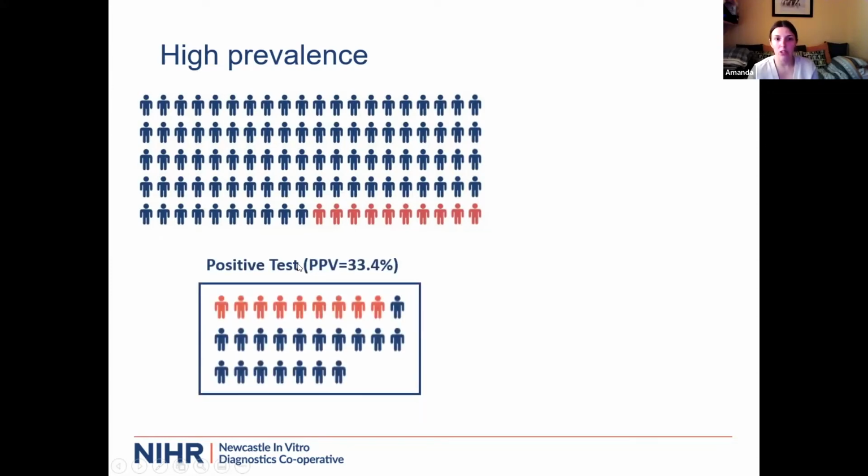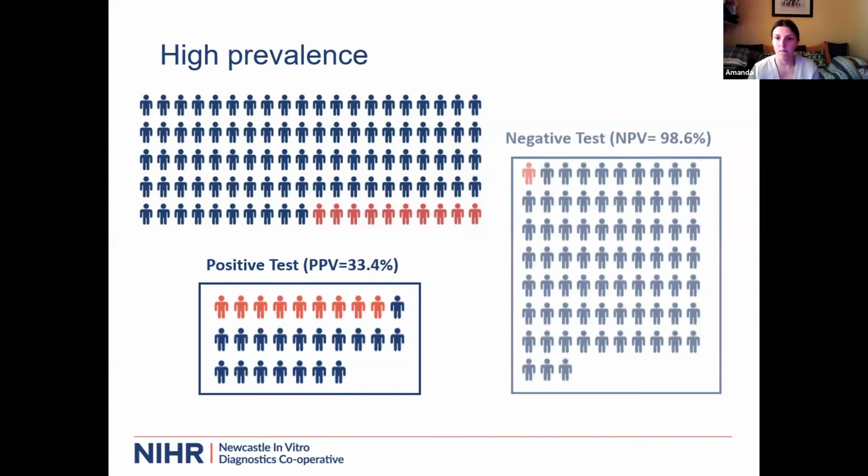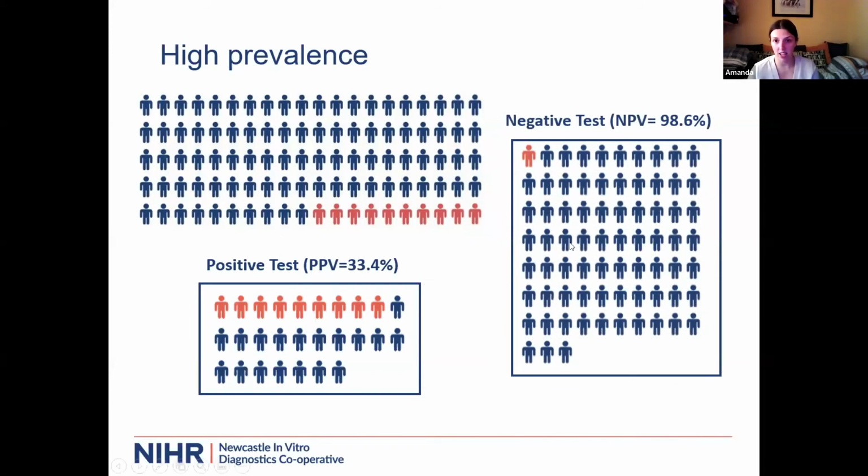the people who would have a positive test would be 9 people who really do have the disease, and 18 people who we've got a positive result for that don't have the disease. And those people altogether, so basically there's a third chance that they're going to be positive. And then the people who had the negative test, which is the rest of them, this is one person who we missed, and then all the rest were correctly identified, the dark blue people.